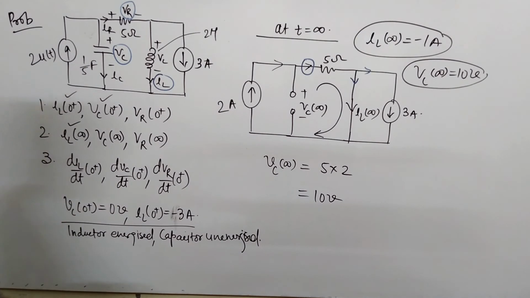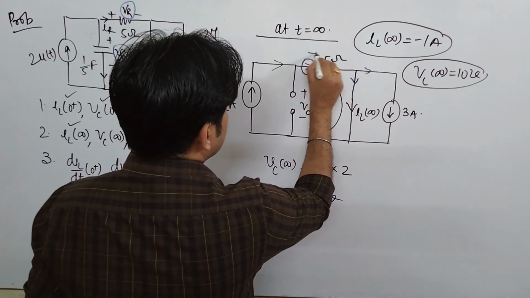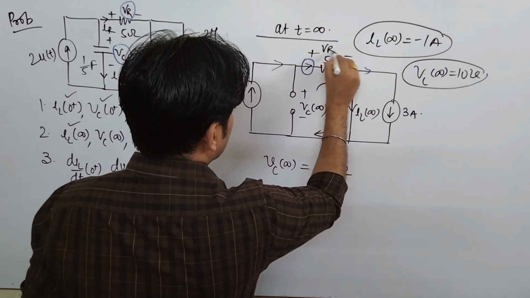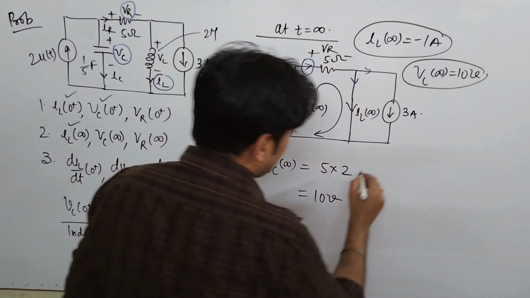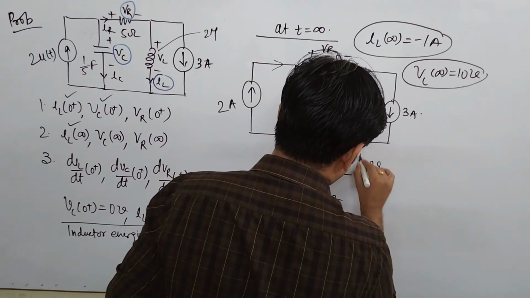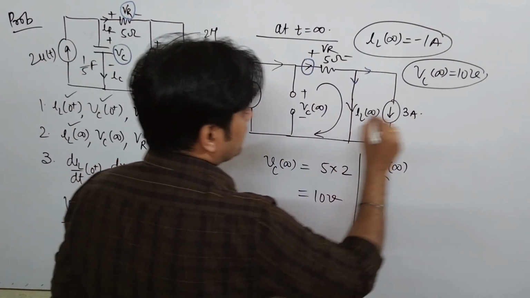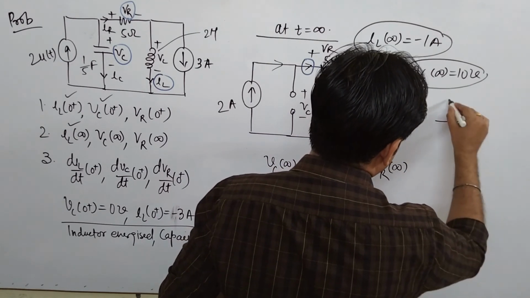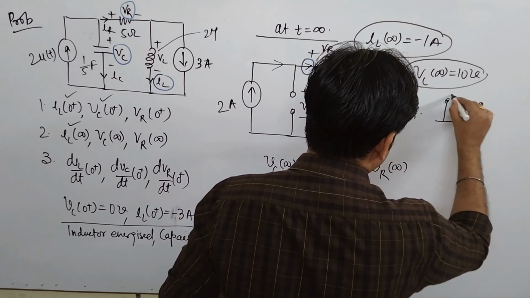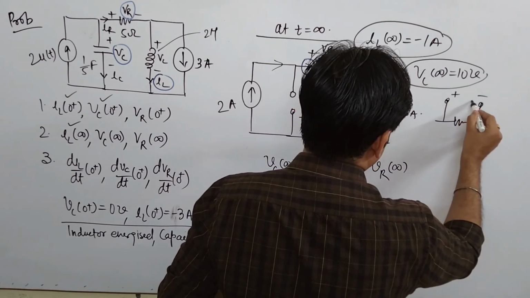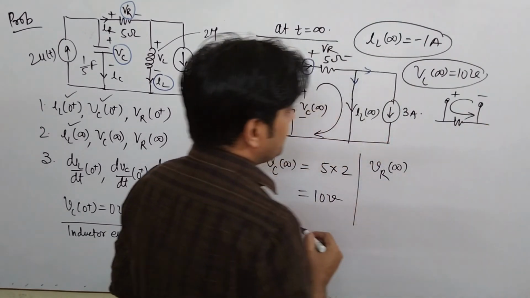Now you know the value of Vc(infinite) and IL(infinite). This voltage present here is VR, and since we have to find VR(infinite), what is its value? Please see, this is your resistance and these are the two terminals, plus to minus, so you have to apply the KVL in this way.